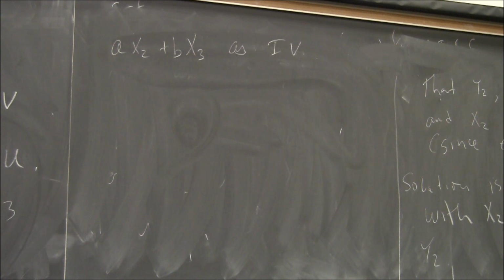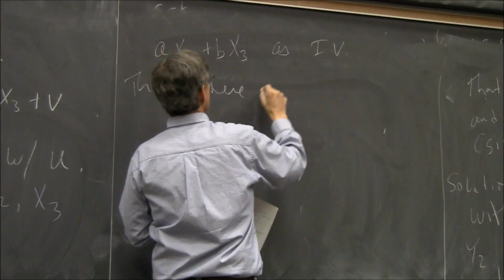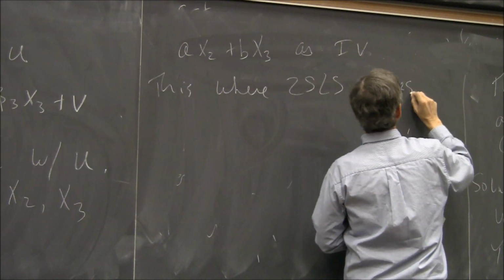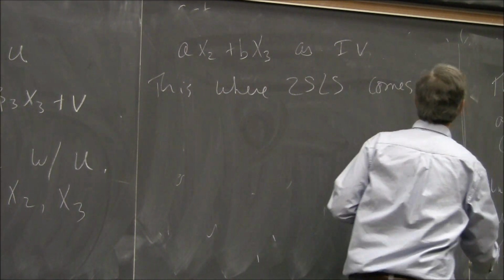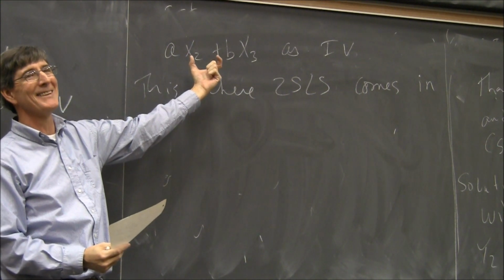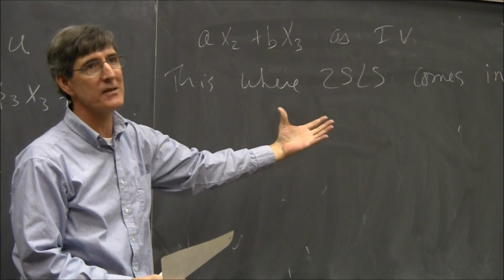This is where two-stage least squares comes in. The first stage gives us our instrument. The second stage, we use the instrument to do the estimation.